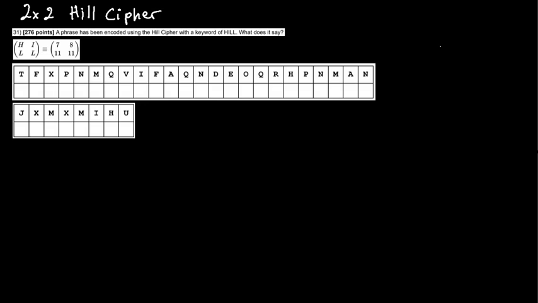Hello, today we're doing the 2x2 Hill cipher. For this, you should know, or have on the reference sheet, the section that has this chart. It should be useful to you.